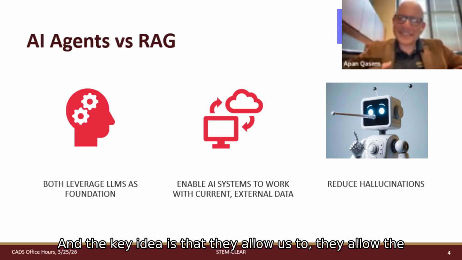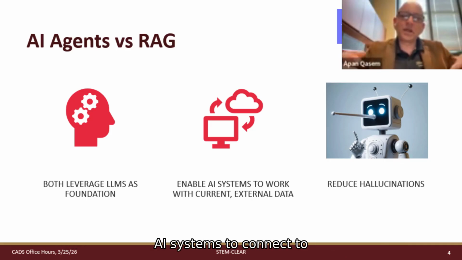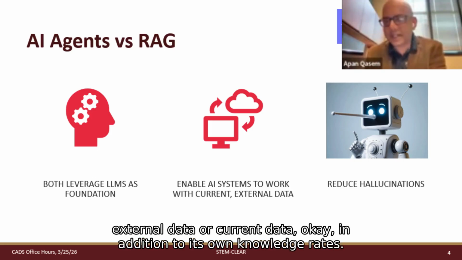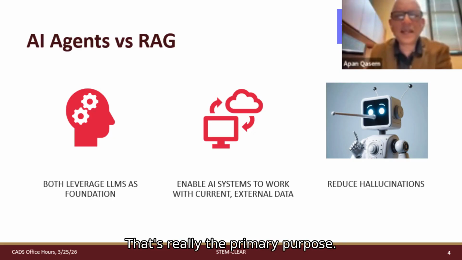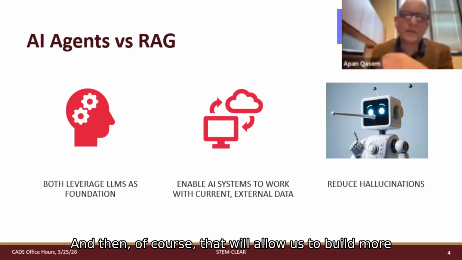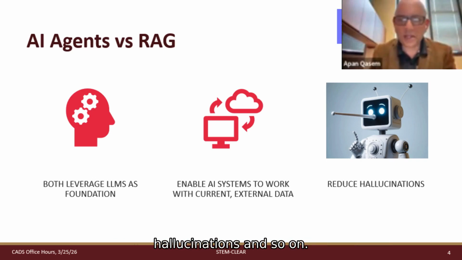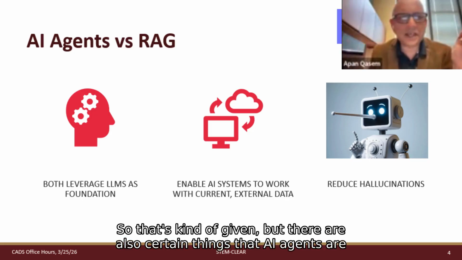The key idea is that they allow the AI systems to connect to external data or current data, in addition to its own knowledge base. That's really the primary purpose. And then, of course, that will allow us to build more reliable systems with reduced hallucinations and so on. That's kind of a given.